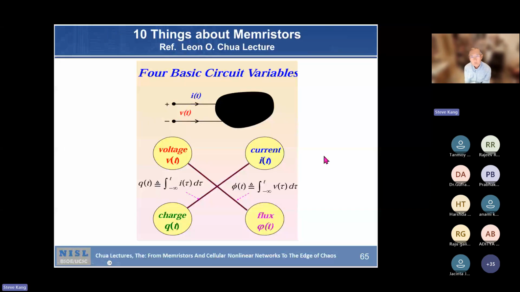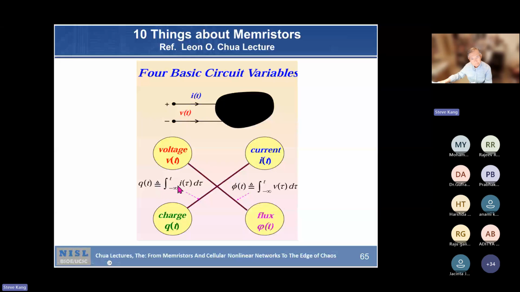Now I am borrowing some slides from Professor Leon Chua's lecture, 10 Things About Memristor. He explains in his tutorial the 4 basic circuit variables. That is voltage and current, which we are very familiar with. We are also familiar with the charge as an integration of a current, right?